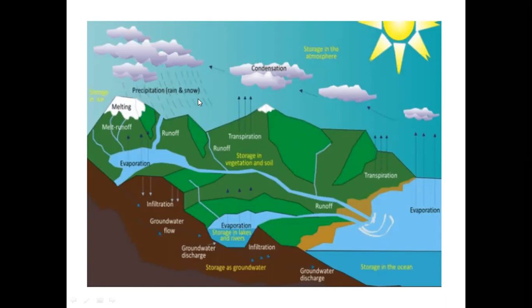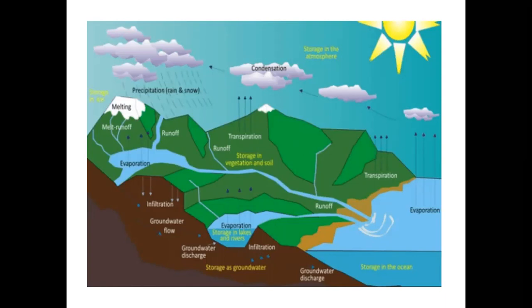Due to this, the cloud becomes lighter, so it goes up and moves to higher areas. Here runoff takes place, evaporation takes place in melting and melt runoff, and in some areas the precipitation reaches the surface of the earth as ice or hail.